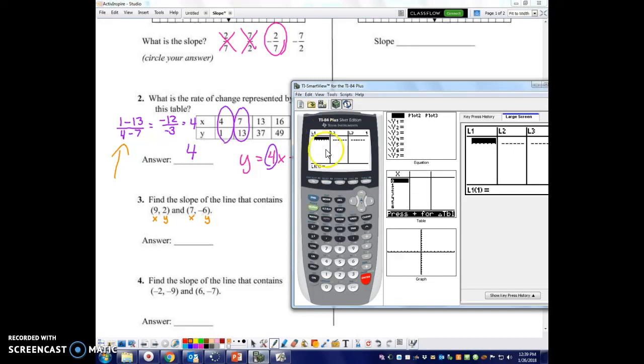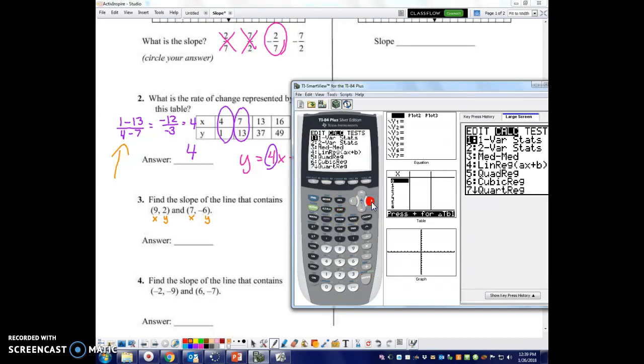So the X values go here. So we have 9 with 2, and then we have 7 with -6. Again, we go back to stat, over to calc, and which one are we choosing? 4, because it's linear.